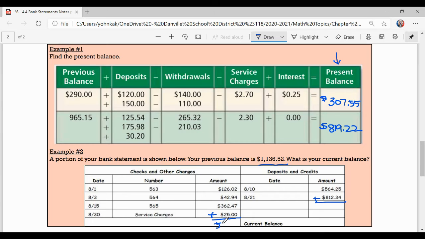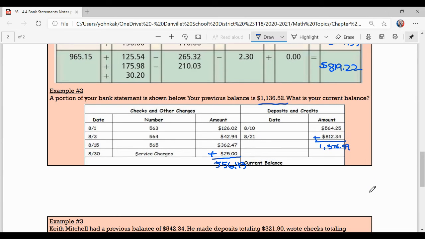556.43. If I add these guys over here, that's 1376.59. So to get this current balance, you're going to take your previous balance, which is $1,136.52.